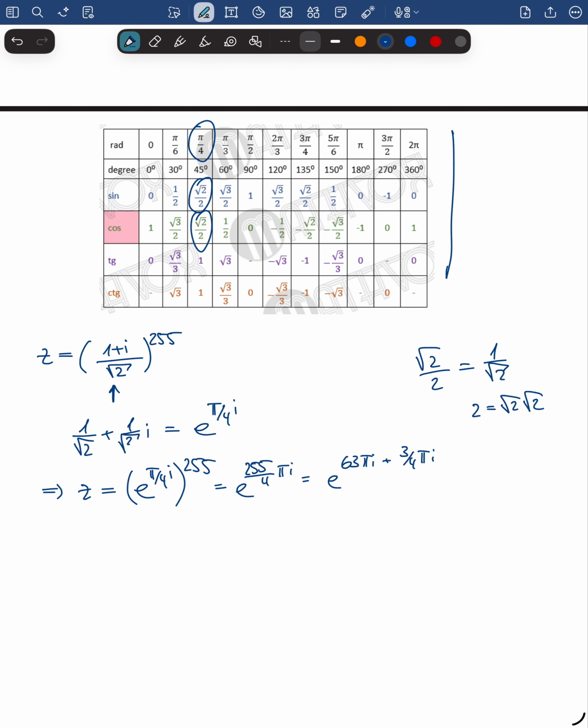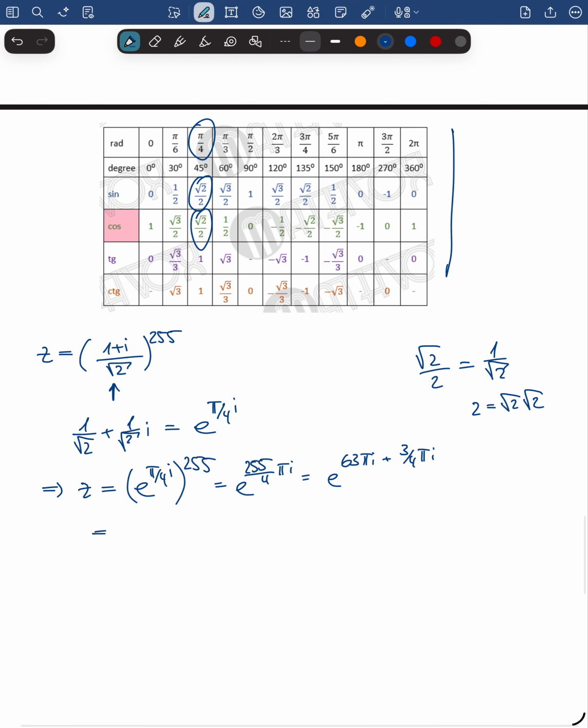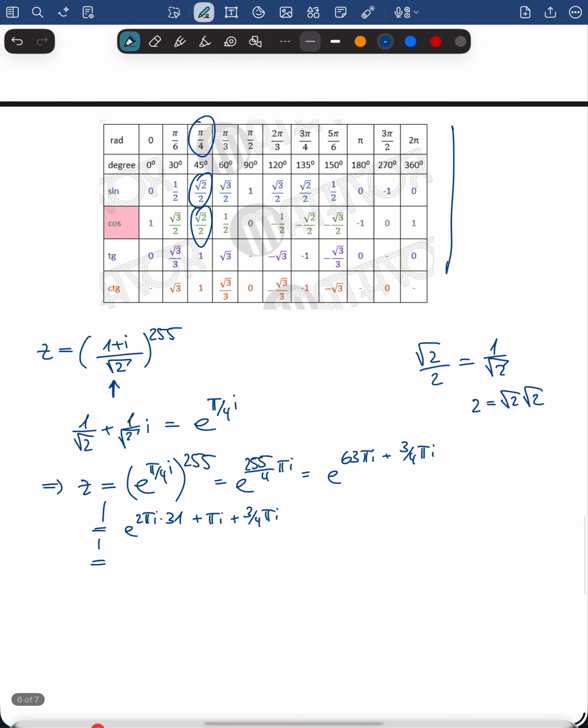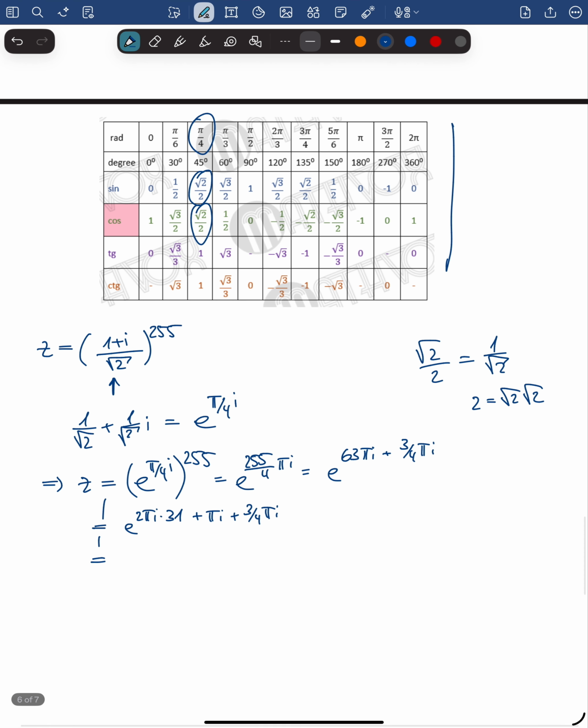Now what we can see is this can be further decomposed as e to the 2 pi i times 31, plus pi i, plus 3/4 pi i. Okay, why did I write it in the following sequence? This is important because we know e to the 2 pi i is basically 1. This means what we write here, we have e to the 2 pi i times 31 times e to the pi i times e to the 3/4 pi i.